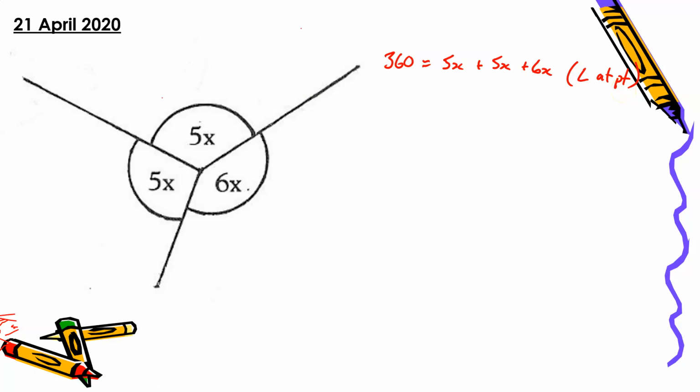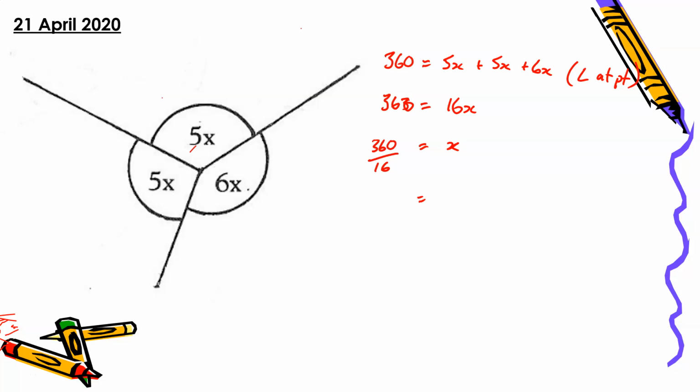If we add all those variables together, so we've got all those x's together, 360 is equal to 5 plus 5, which is 10, plus 6 is 16x. Now to work out what one of those x's are equal to, we take x is equal to 360 divided by 16.